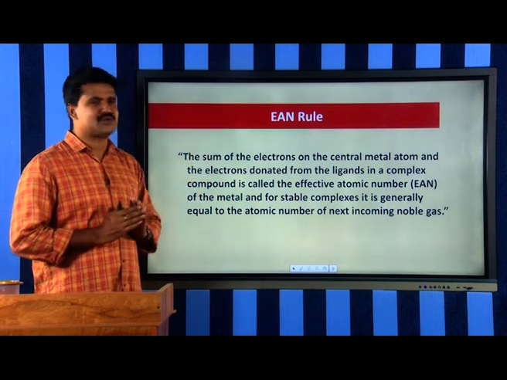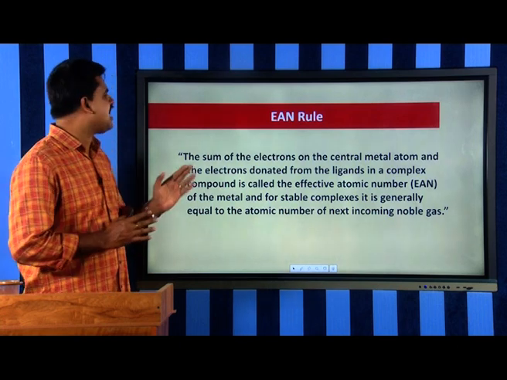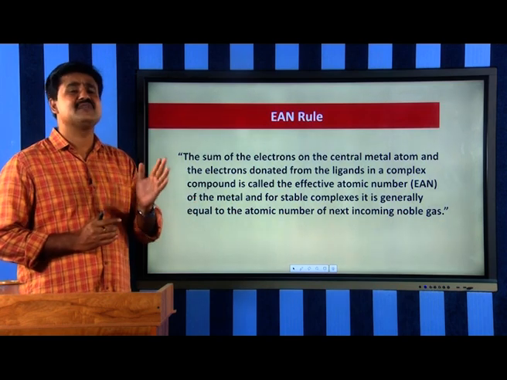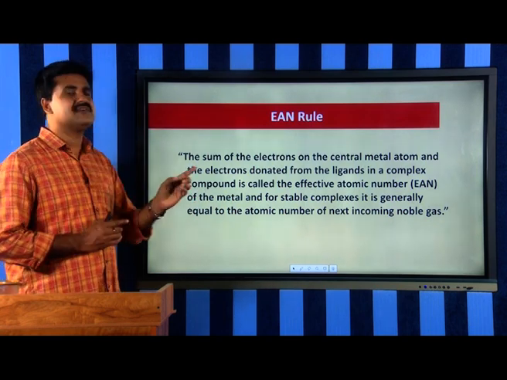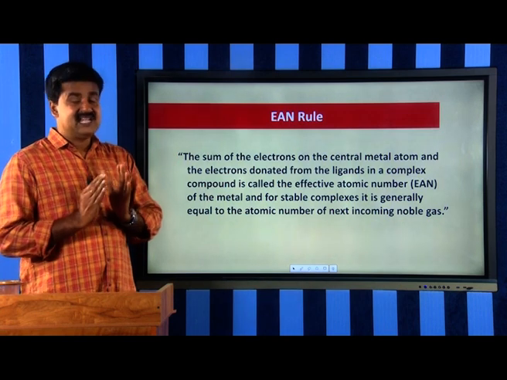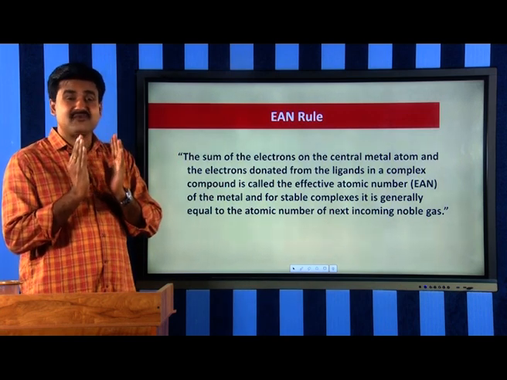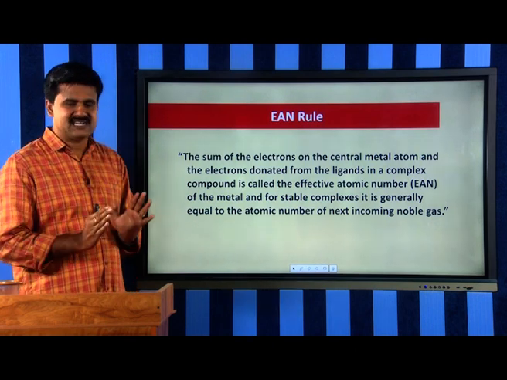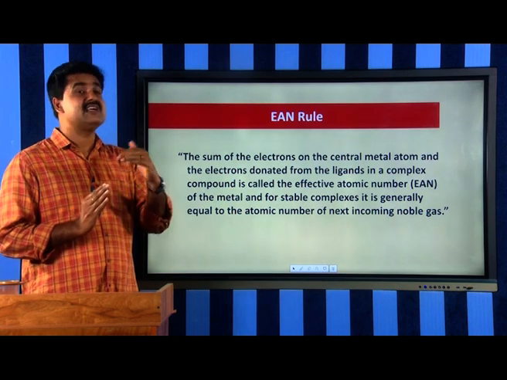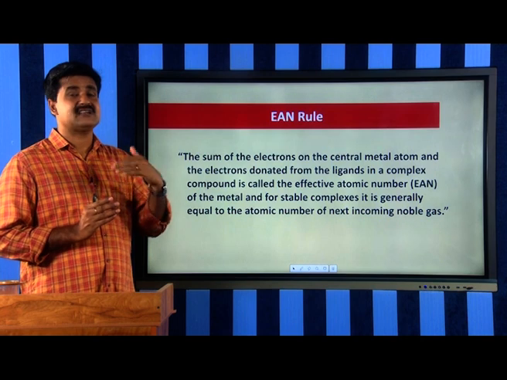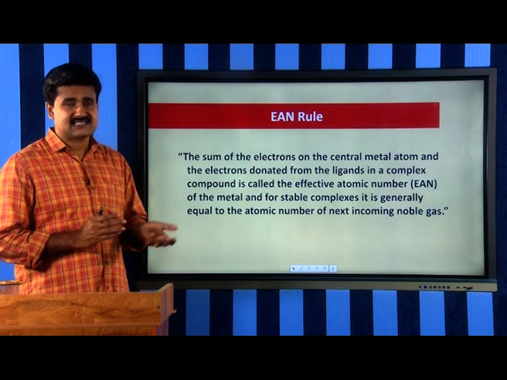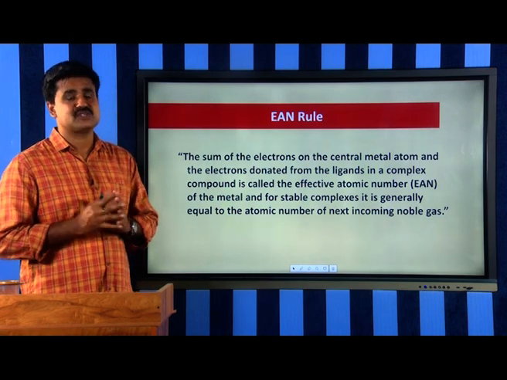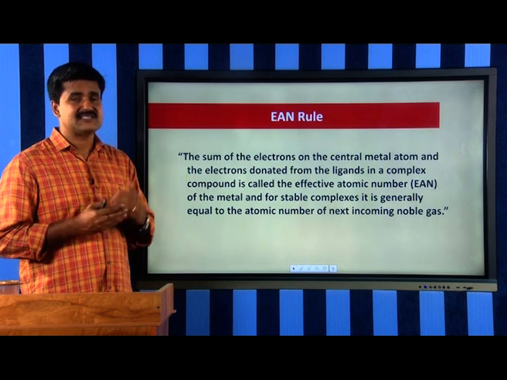The sum of the electrons on the central metal atom and the electrons donated by the ligands in a complex or an organometallic compound is called the effective atomic number. In organometallics, the ligand may be a carbon-containing moiety like carbon monoxide, like a Cp ring, etc. This rule can also be applied to a simple coordination complex, where the ligands donate electrons to the central metal.